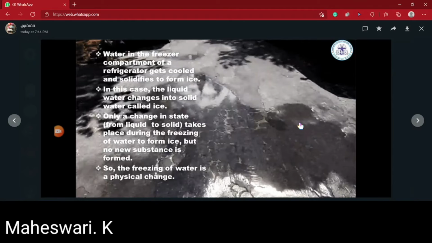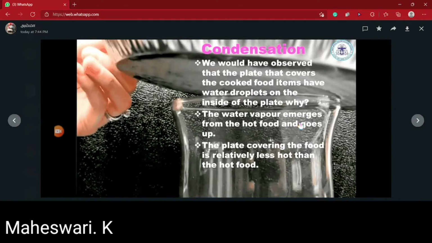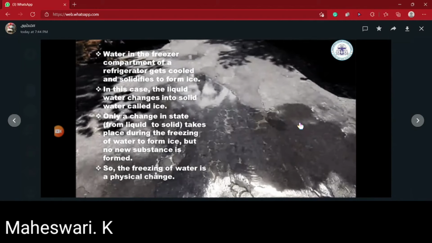So now we will see what is freezing. The water in the freezer compartment of a refrigerator gets cooled and solidifies to form ice.